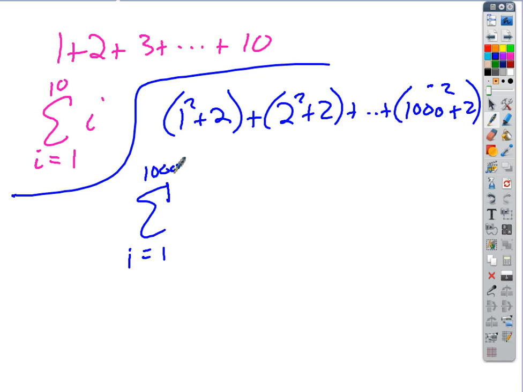What does each one of those individual terms look like in terms of i? i squared plus 2, right? Because this is the one we would get for i equals 1, i equals 2, up to i equals 1,000. Where is the i showing up? So it's i squared plus 2. Right there, right? So the index i and the i in the graph are different i's.